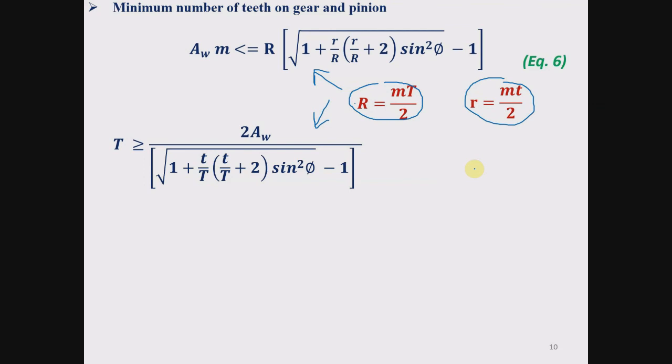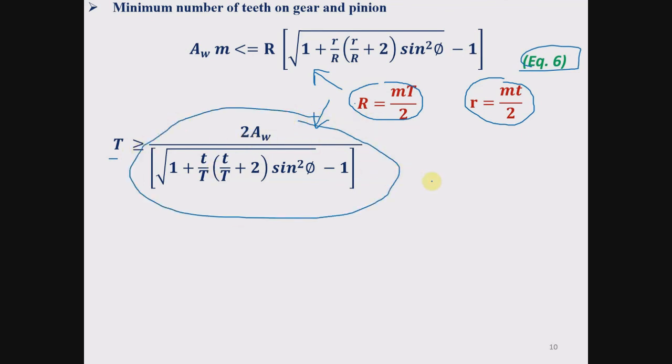T is greater than or equal to this. It's a simplification. You can refer to the notes for the simplification. It's very simple. We have just substituted these values for capital R and small r in equation number 6 to obtain this equation. So write this, capital T is greater than or equal to this much.